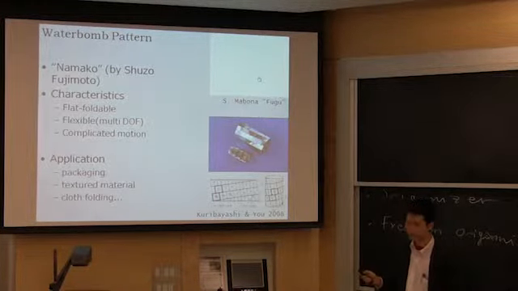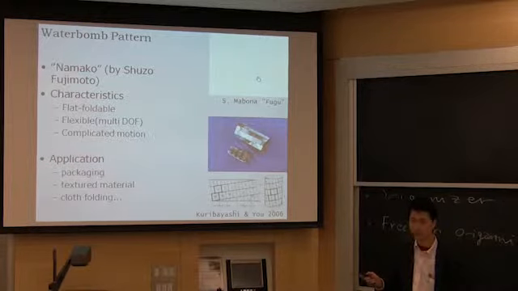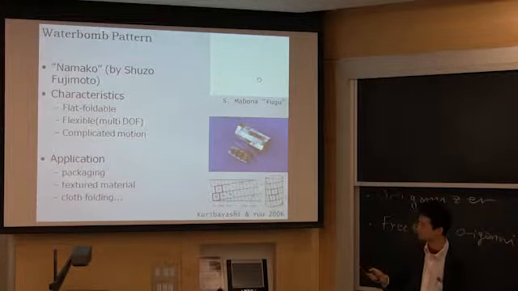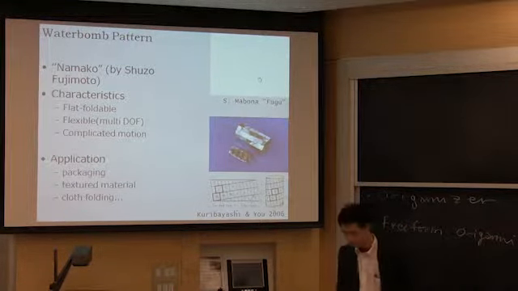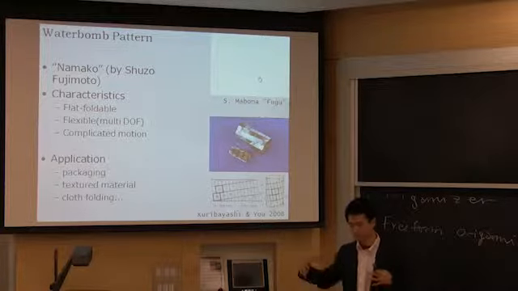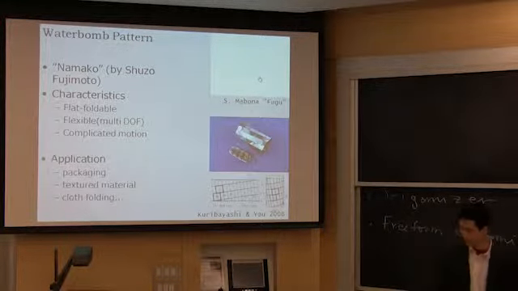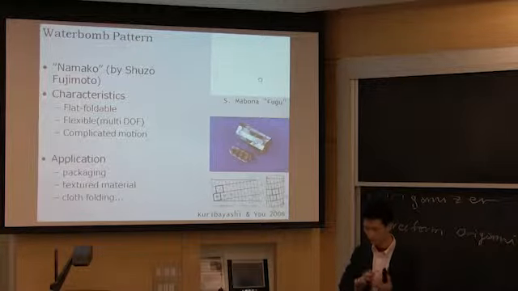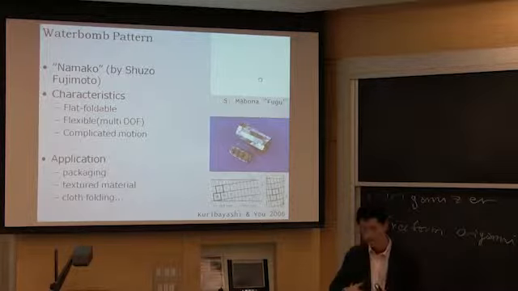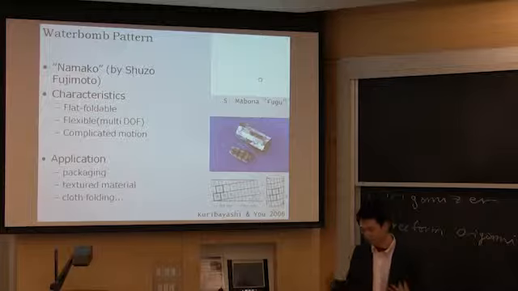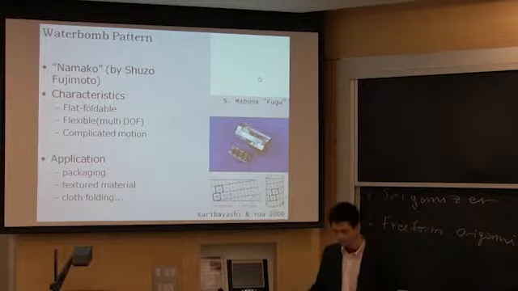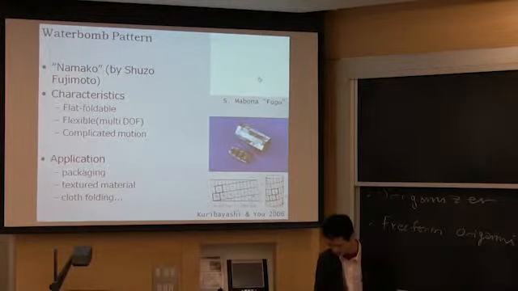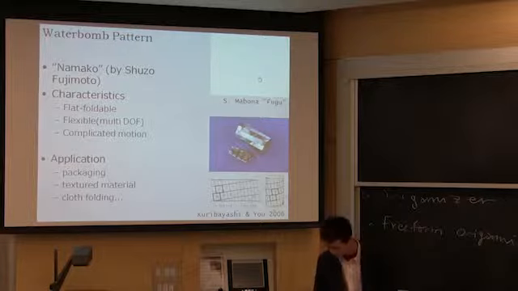I think the oldest known is by Shuzo Fujimoto. So it's a kind of flexible pattern, and because it's flat foldable, it can be used for deployable structures, and because of the elastic property that the folding gives, you can use it for textile material or kind of cloth folding.